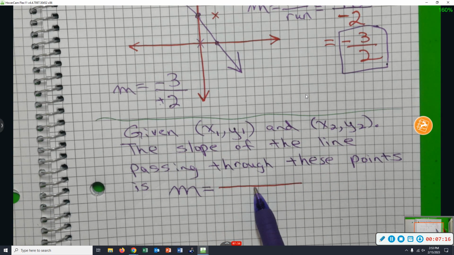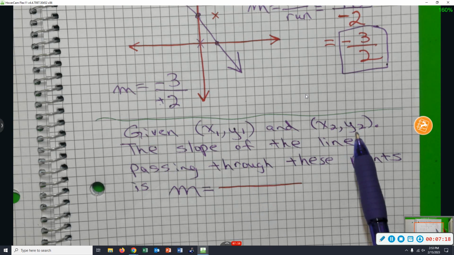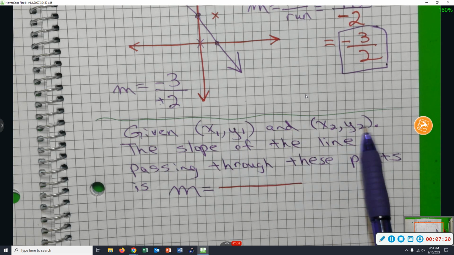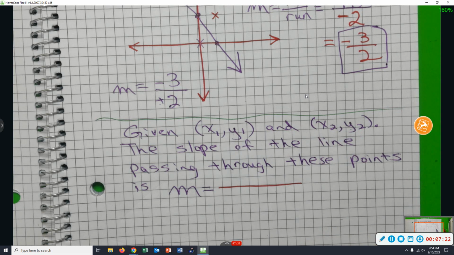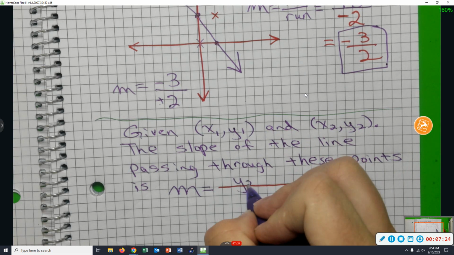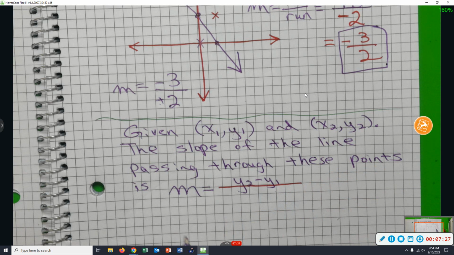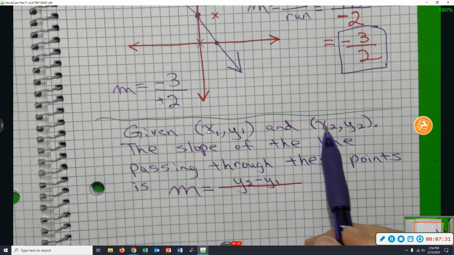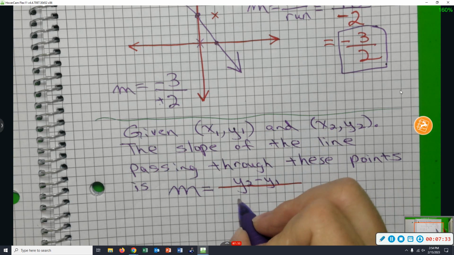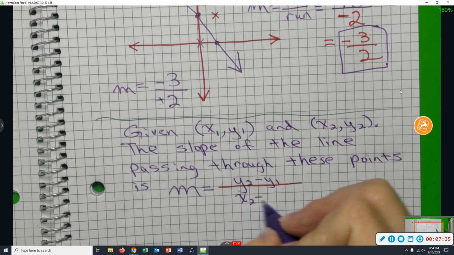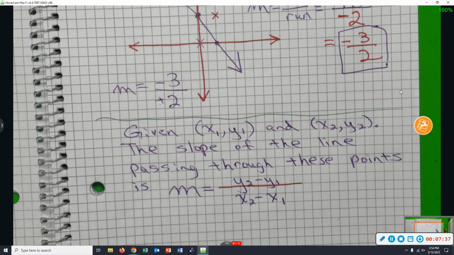The numerator is going to determine the rise. You subtract the y coordinates, y2 minus y1, that's giving you the rise. The horizontal movement, that run, you subtract the x coordinates in the same order, x2 minus x1.